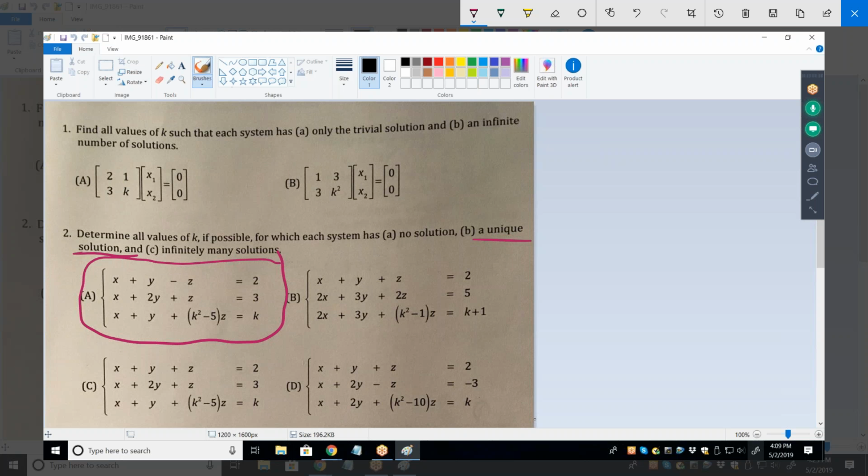Hold on a second. Yeah, your calculator's not going to like that. No. Wow. Determine all values of K. Well, let's look at this for a moment.